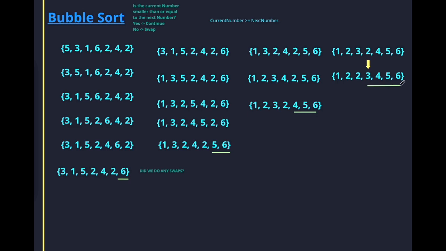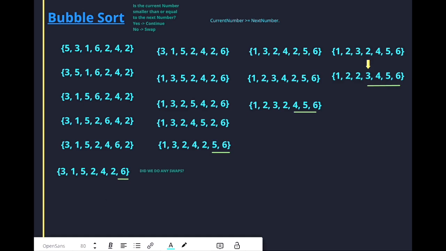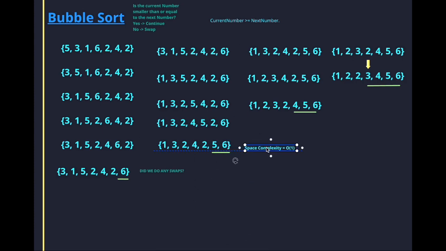Now, let's look at the space complexity analysis of this algorithm. In terms of space complexity, bubble sort is going to run in constant time, which means it would be O(1).